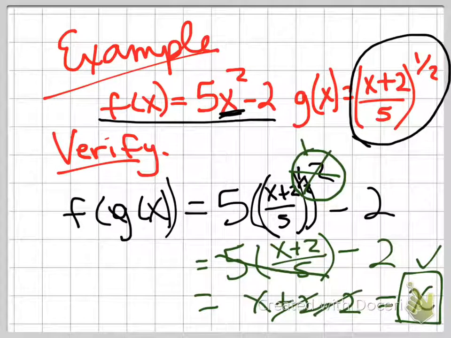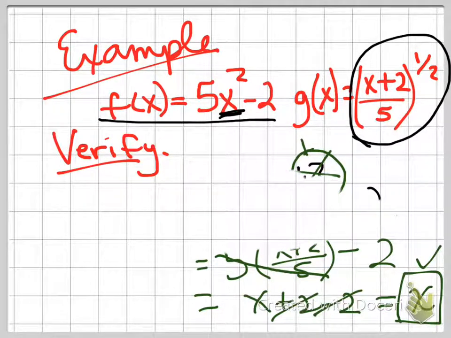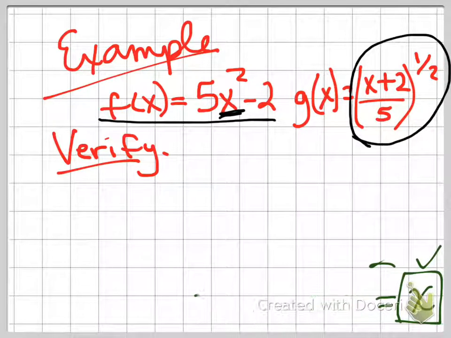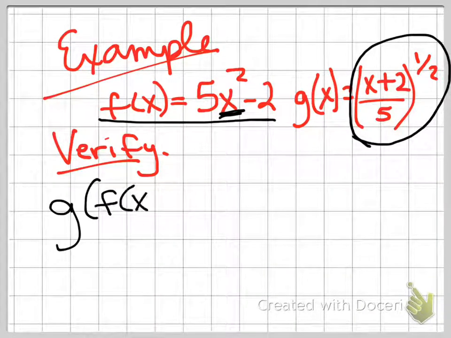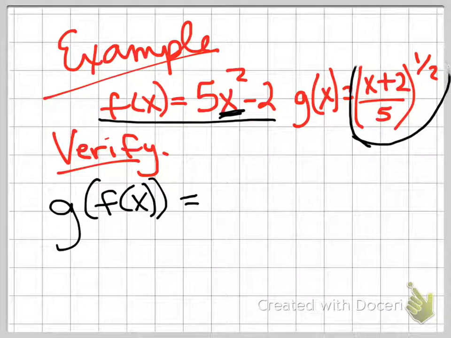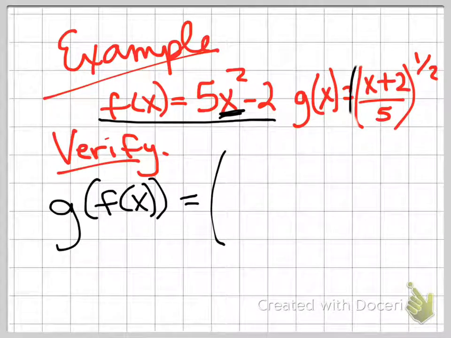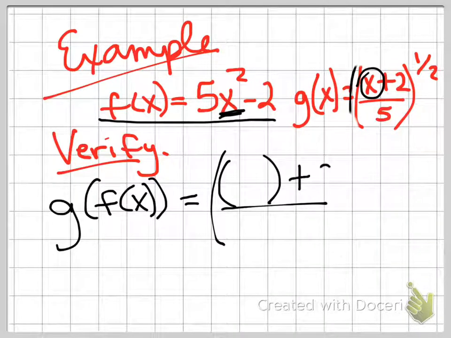So now I'm going to erase this and we're going to go back the other direction. This time we're going to find g of f of x. Okay, so the g of x function over here is something plus 2, so I'm going to leave this part blank: something plus 2 divided by 5, to the 1/2 power.